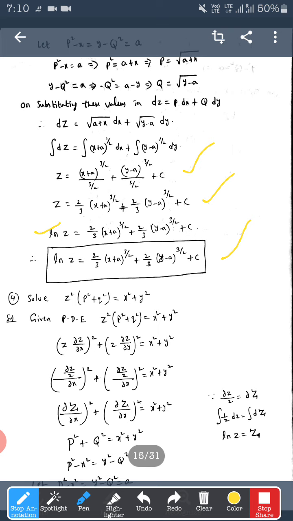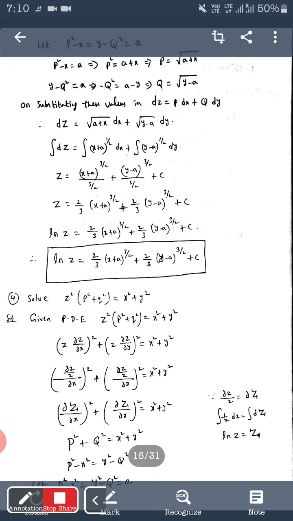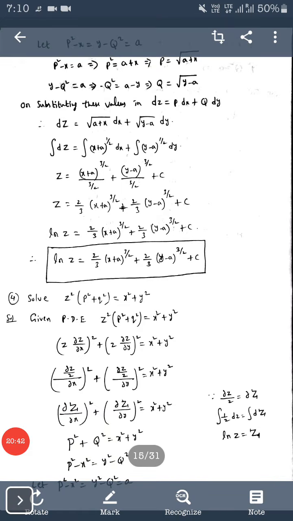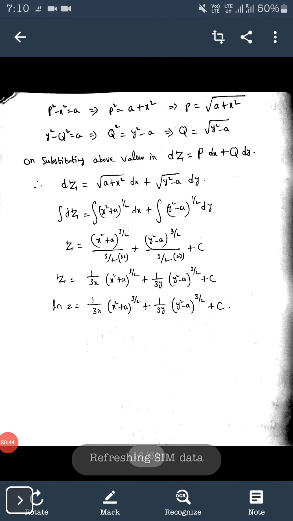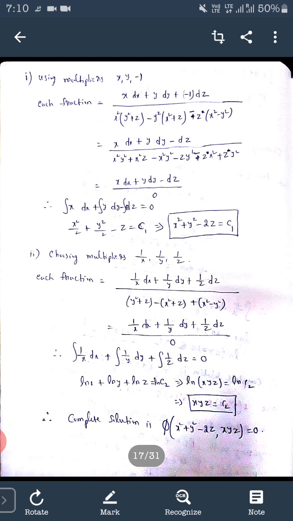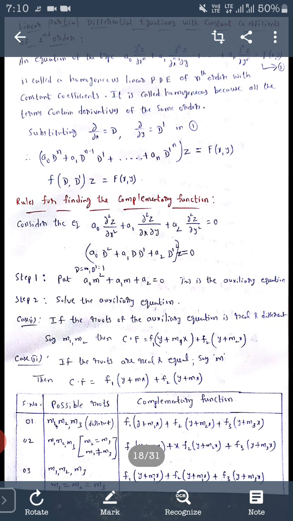So in the same way, equation 4 is also solved. This is equation 4. So that is all about non-linear equations of 4 types: type 1, type 2, type 3 and type 4.